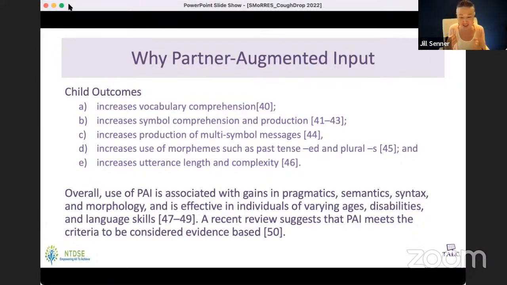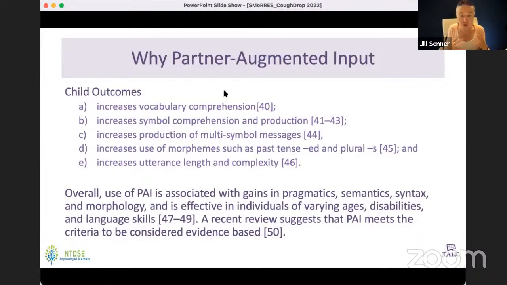So again, social skills, word knowledge, making sentences, and also those word endings, and is effective in individuals of varying ages, disabilities, and language skills. So a recent review suggests that PAI meets the criteria to be considered evidence-based. And we know how important evidence-based practices are in our medical profession and also in our schools.